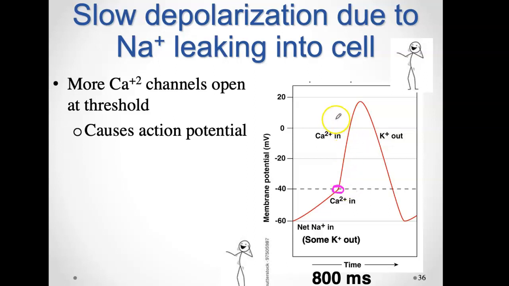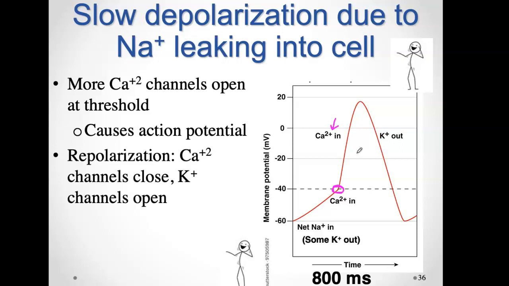These are positive ions also. Notice? So calcium's going to come in. If it's positive, it's going to make this less negative, more and more positive. So that calcium channel is the one now that's sort of in charge of letting in the positive ions. That is the depolarization.